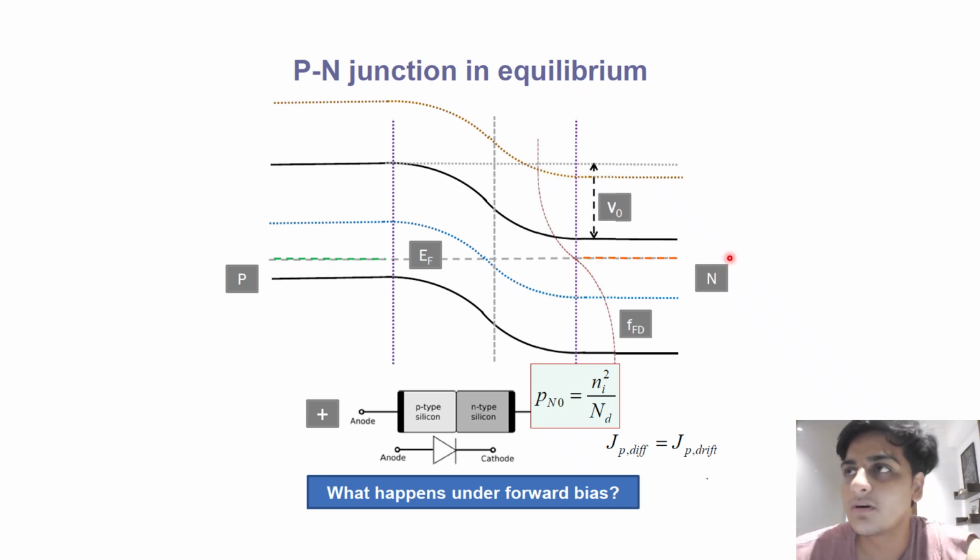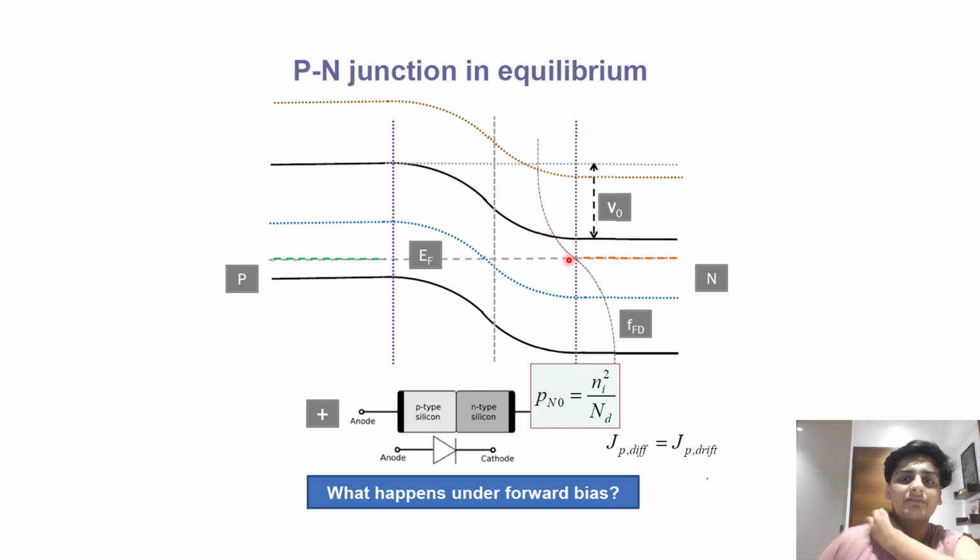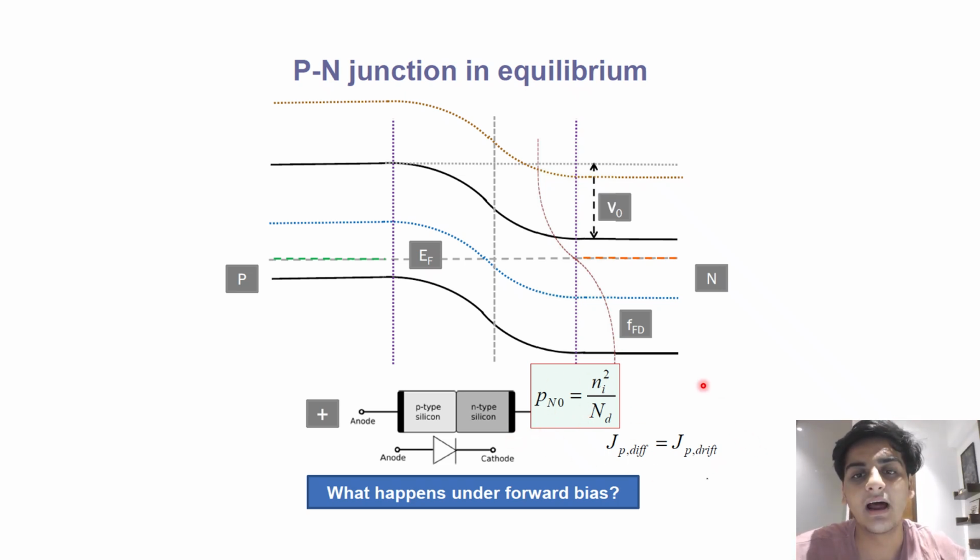So when we talk about the current made by this diffusion, the hole concentration at this edge becomes important, and we're going to see how this changes when we apply the forward bias, which is why I wanted to talk about it in equilibrium. Another thing to note is that at equilibrium, diffusion and drift are equal. You have diffusion towards the right and drift towards the left. They are equal and opposite, and they cancel each other out. So now I want to get into what happens when we apply a forward bias.